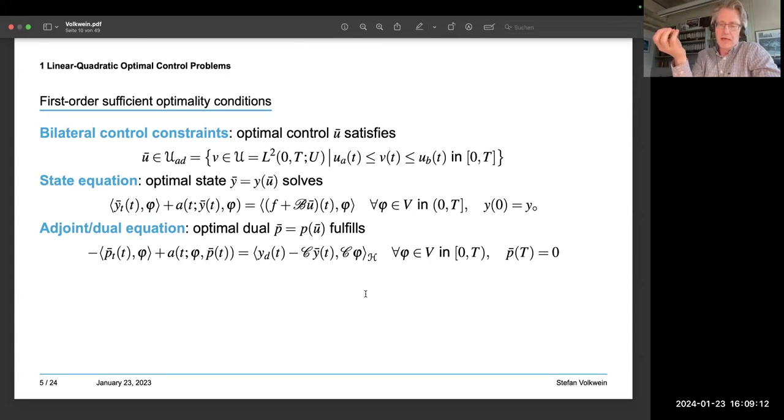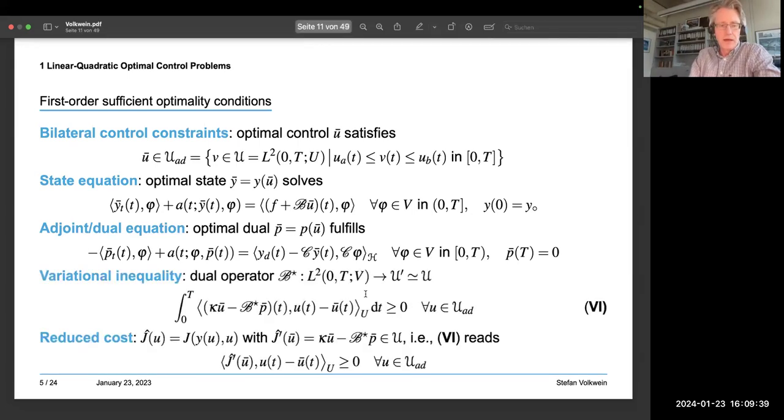In particular, if Y bar is of such a type that the observation of Y bar is equal to YD, then the right-hand side in this adjoint equation is 0, which means the adjoint variable would be 0. So the adjoint variable is some kind of measure of the misfit between the desired state and the state you reach by C Y bar.